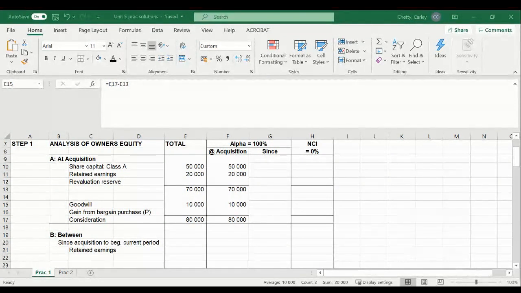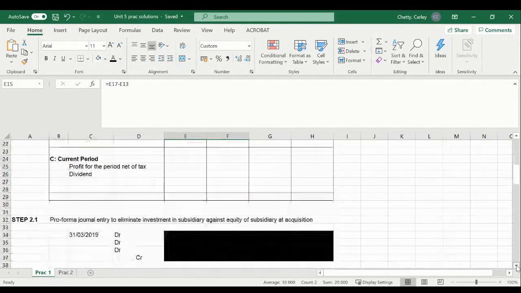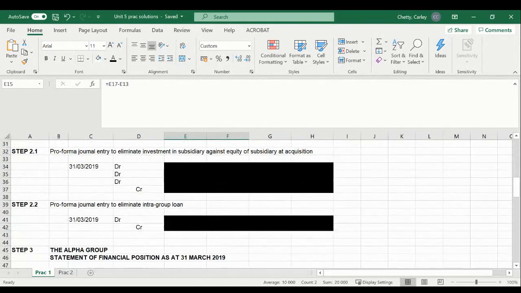So here we are asked for the pro forma journal entries. So here we have our pro forma journal entries. Okay, so what are we going to debit and what are we going to credit in this scenario? Who can tell me what we are going to debit? So we want to know what are the pro forma journal entries to eliminate the investment in the subsidiary, which is Beta, against the equity of the subsidiary at acquisition.